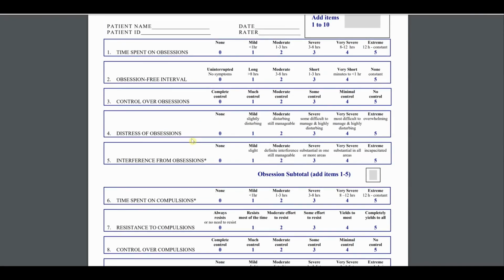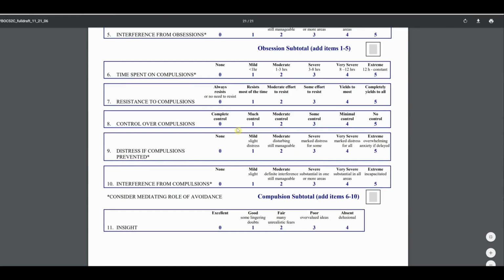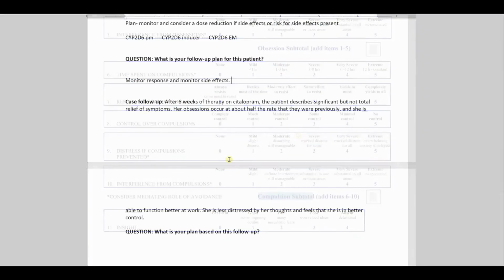This would be the quick scale version here, from 0 to 5 in each of these categories, and then they add them up at the end, and it would tell you how severe their OCD is. And so this could be a method, especially if you're working in a psychiatric clinic, to monitor the efficacy of the drug.